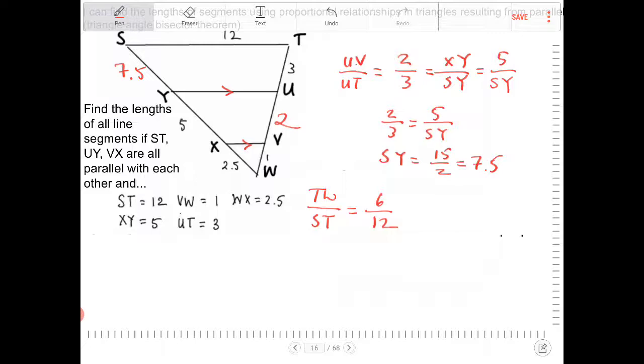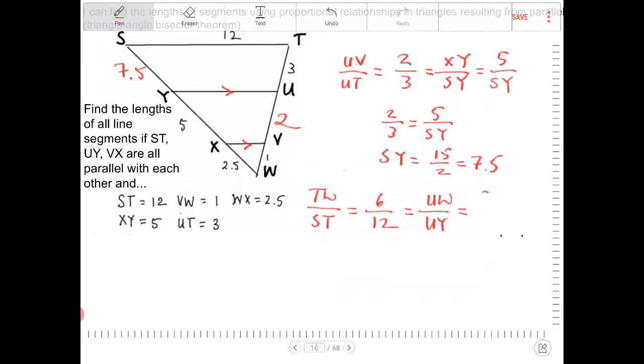So I need to now figure out what UY is. Actually, no, I'm sorry. I can then say UW over UY will also equal 1/2 here. But what exactly was UW?